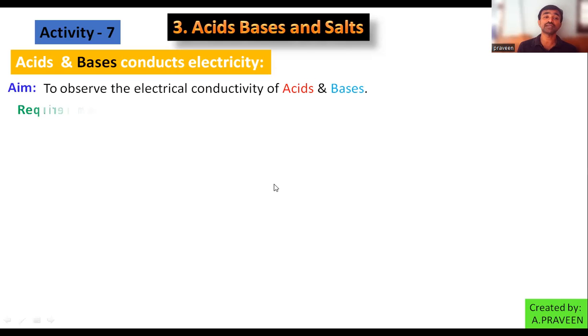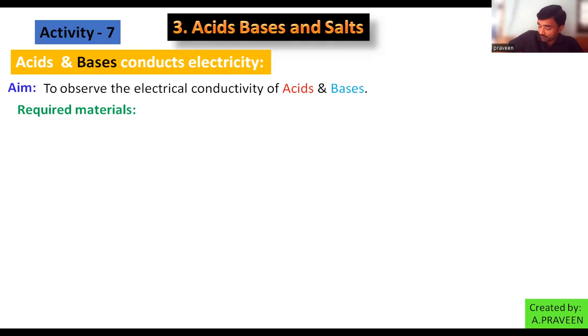So here I am going to observe that in this activity. So what are the materials required here? I will realize whether only acids conduct electricity, or only bases conduct electricity, or the neutrals conduct electricity. So simply I can collect different samples here: acidic samples, basic samples, neutral samples, right?